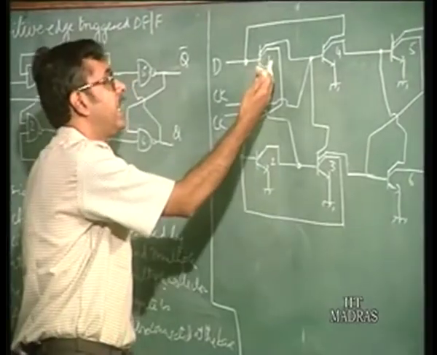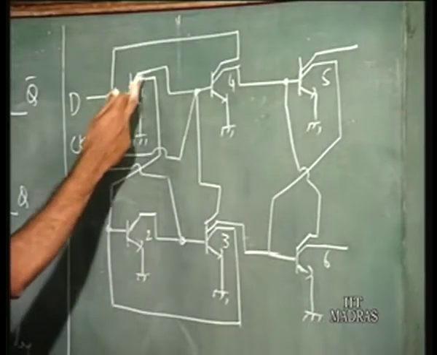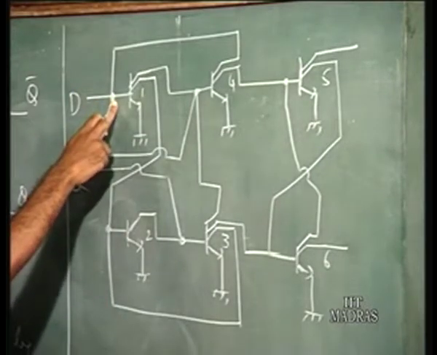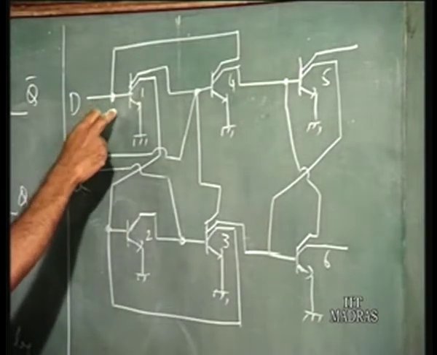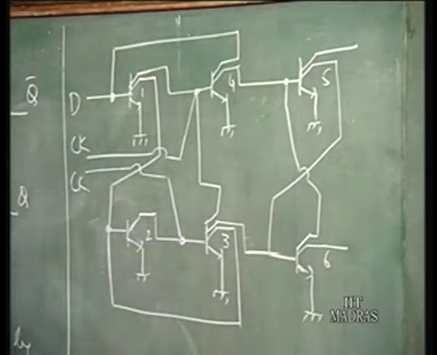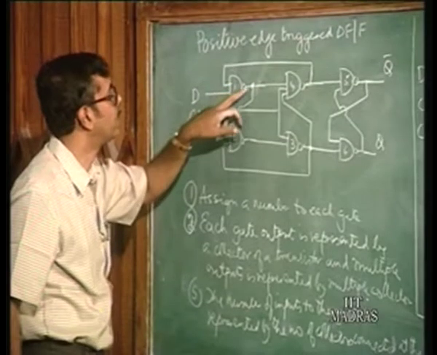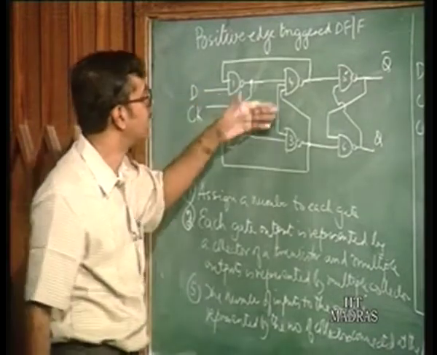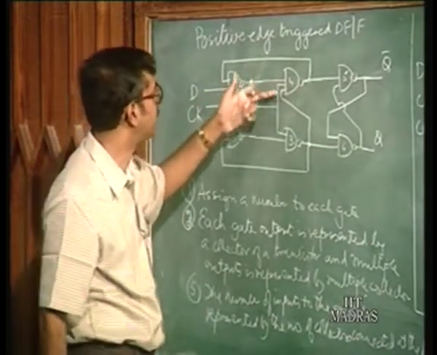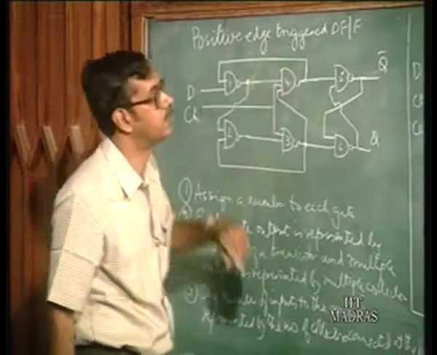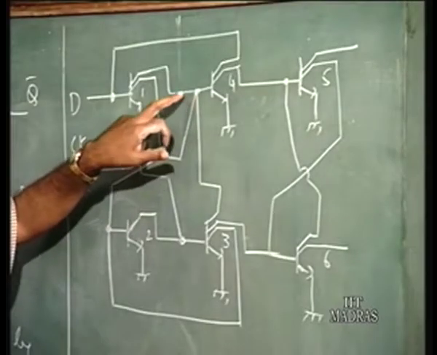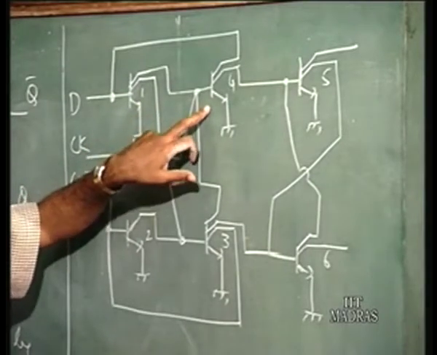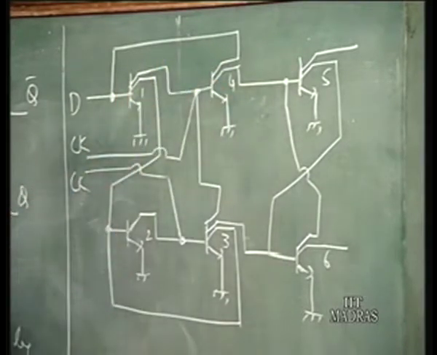If you take each gate, gate 1, it has 2 collectors, and at the base there are 2 points, 2 nodes. At the nodes you have 2 inputs. So, if you look at gate 1, there is a fan out of 2 and it is a 2 input NAND gate. Similarly, if you go to gate 4, it has 3 inputs and a fan out of 2. So, at this node you have 3 inputs and 2 collectors.